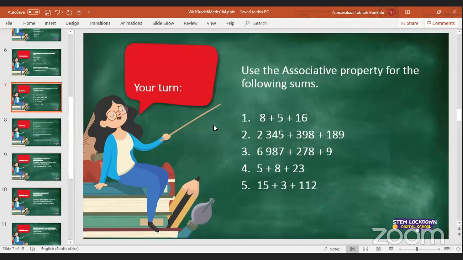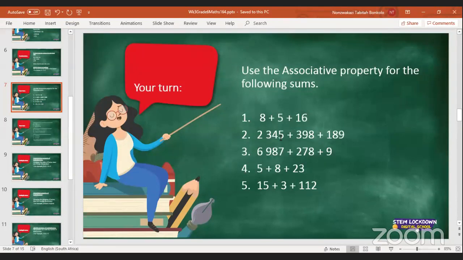Yes. You bracket 398 with plus 189. Then you bracket that. Then after you do that sum, then I'm gonna tell you the answer now. You do 2,346.